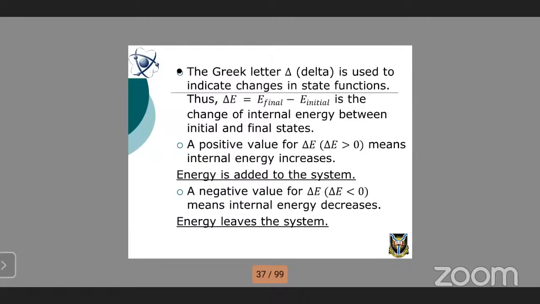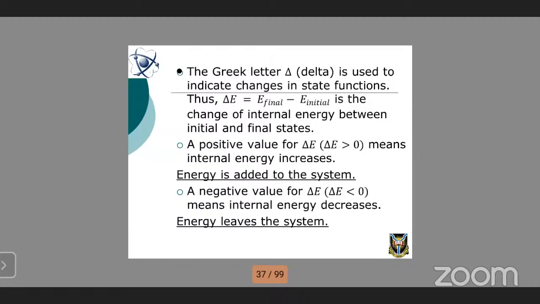That is, energy has left the system to the surroundings. Let us note that again: delta E greater than 0 means energy has been added to the system, that is why it is positive.